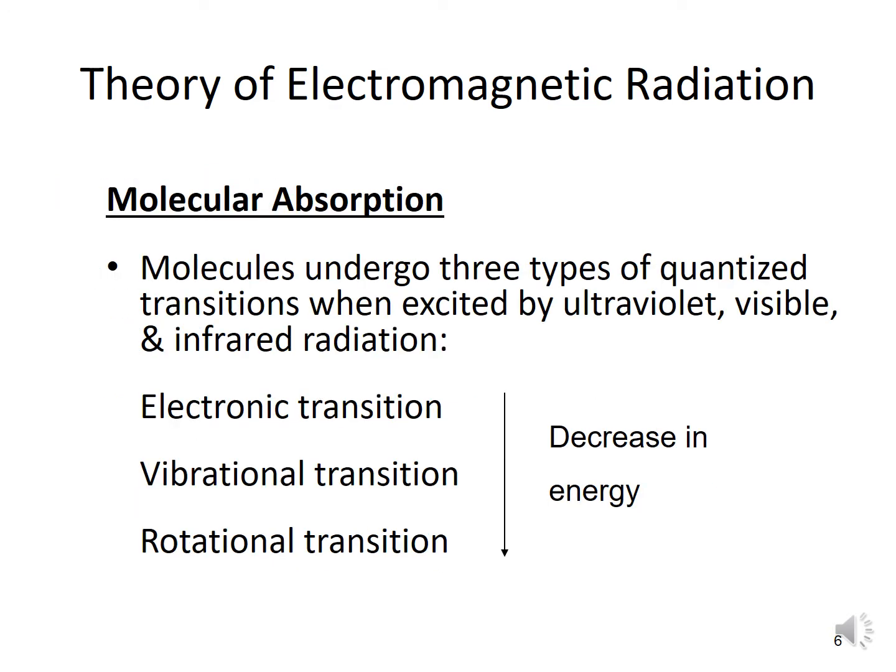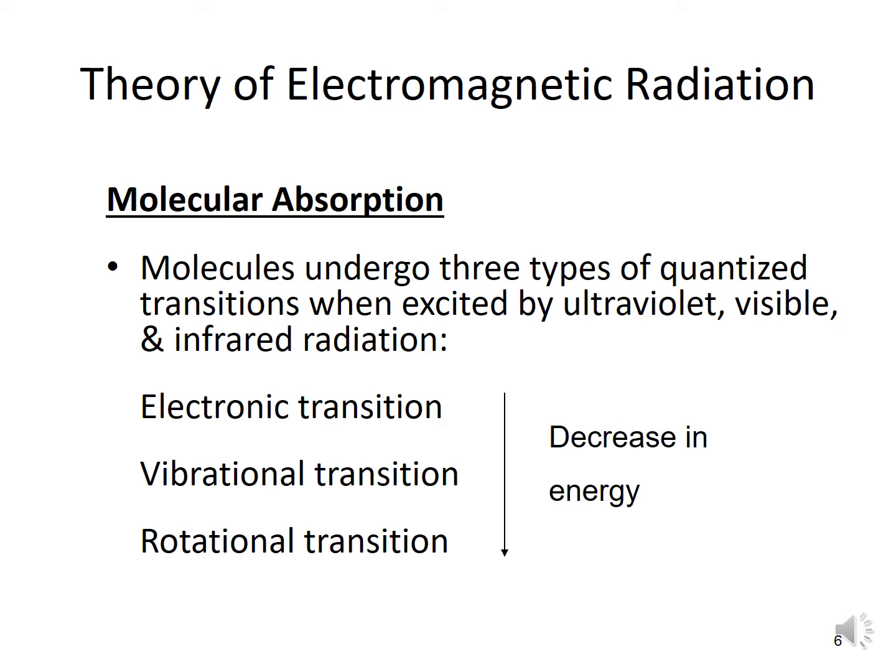Now let's look at molecular absorption. When there is molecular absorption, molecules undergo three types of quantized transition when excited by ultraviolet, visible, and infrared radiation. The transition of electrons is quantized, which means it will have discrete values during the excitation process.